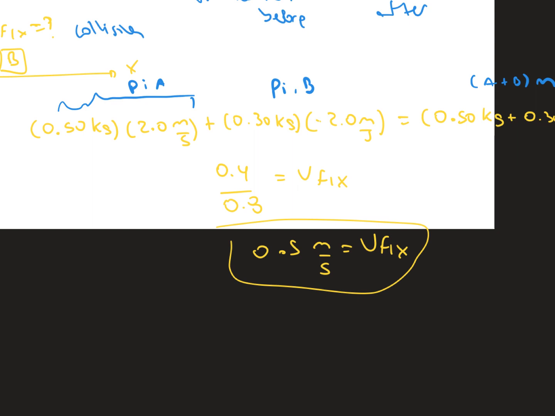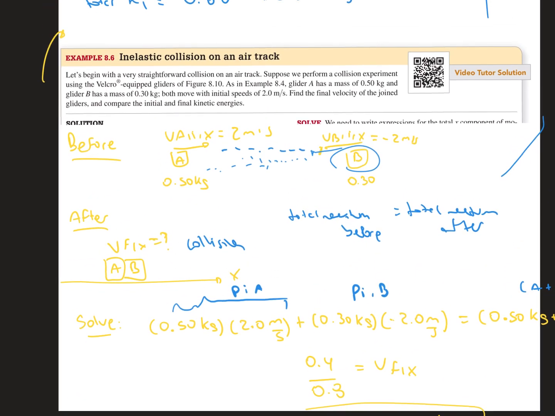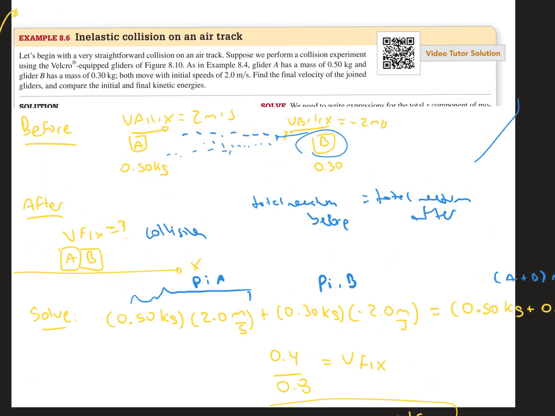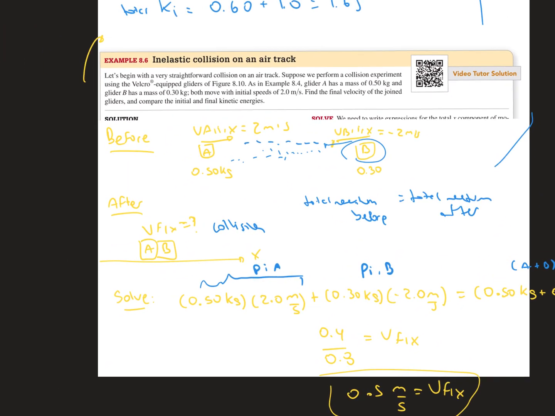As we solve for the final velocity, we get 0.4 divided by 0.8, and that gives us 0.5 meters per second. The positive answer means that the final combined velocity moves to the right, in the positive direction.